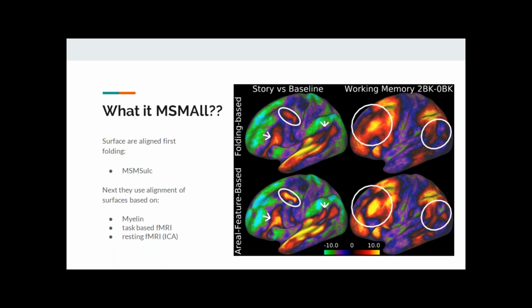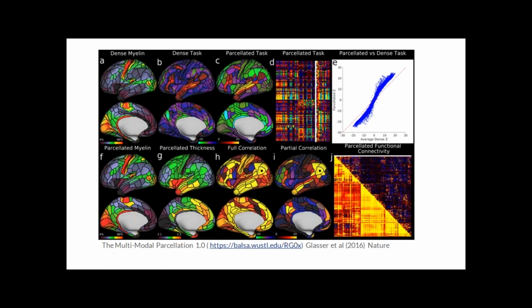So in the outputs, you'll see an underscore MSMAll on surfaces everywhere, and those are probably the ones you actually want to work from because they're potentially much better aligned. This is a schematic of the difference that MSMAll realignment made, in this case to a functional MRI signal for working memory.